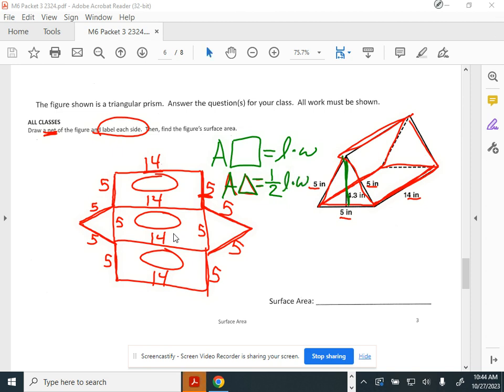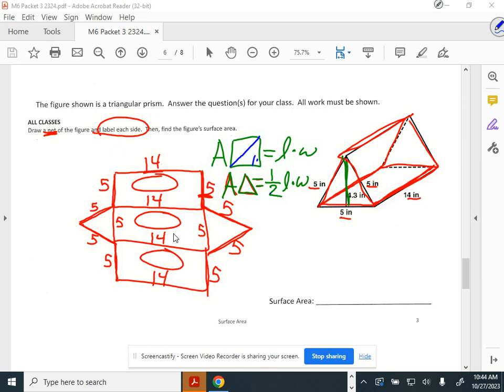Because when we look at that rectangle, if we cut it in half, it's a triangle. So our formula to find the area of a triangle is going to be half the area of a square. So if we want just half of that square, we're going to find the area of the square, length times width, and we're going to divide it by 2. We're going to make it a half.